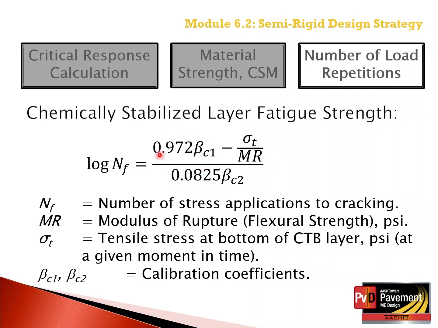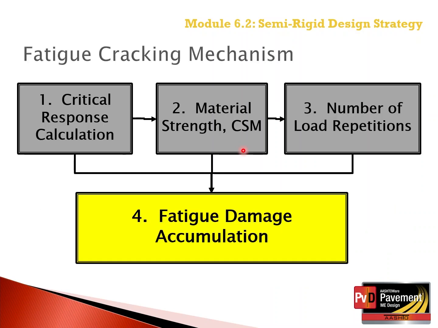And the calibration coefficients are basically used to define the allowable number of load repetitions. Similar to fatigue cracking, this ratio, tensile stress over modulus of rupture or strength, is used to normalize the fatigue strength of different chemically stabilized layers or mixtures, similar to the reason for different Portland cement concrete mixtures under fatigue cracking of Portland cement concrete.